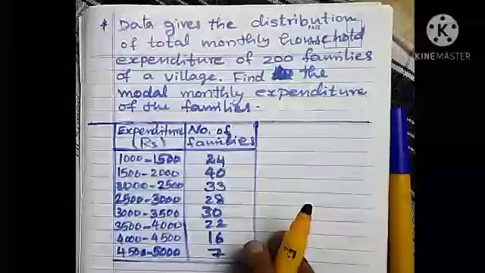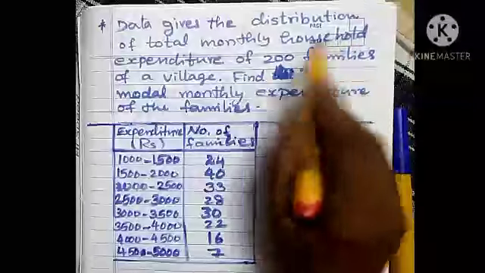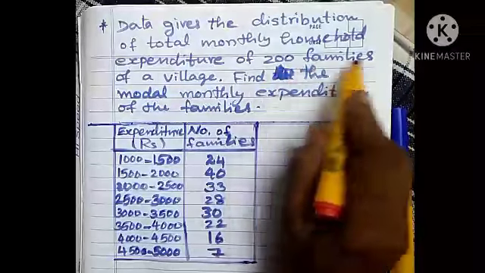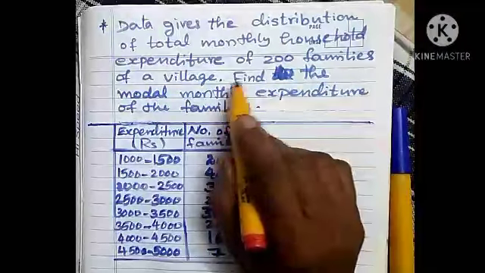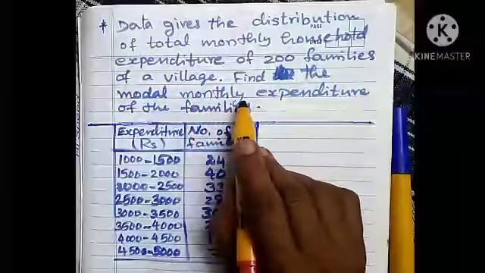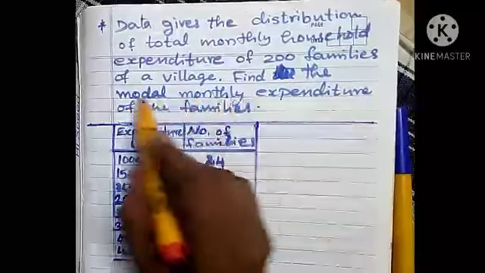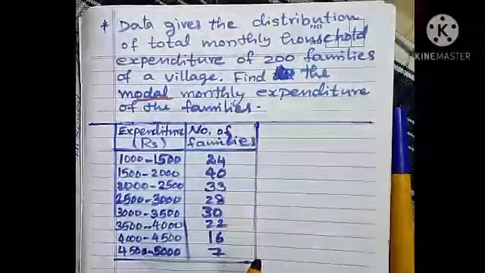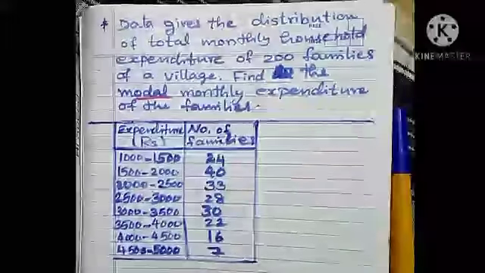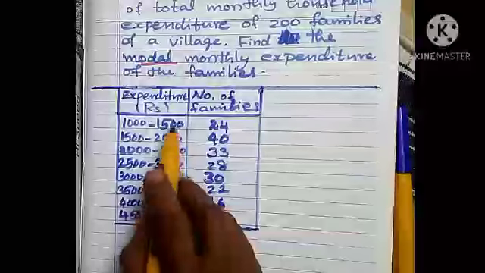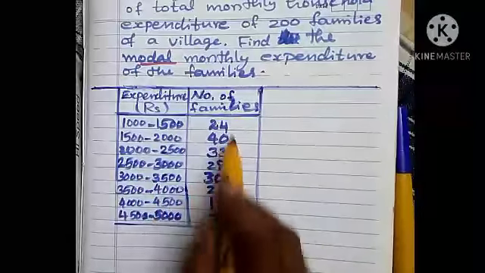Next question. Data gives the distribution of total monthly household expenditure of 200 families of a village. Find the modal monthly expenditure of the families. So we need to find the modal monthly expenditure. Okay, so mode of the data we need to find. Data is given, expenditure in rupees as a column, and number of families.